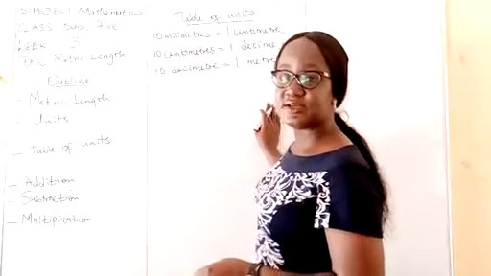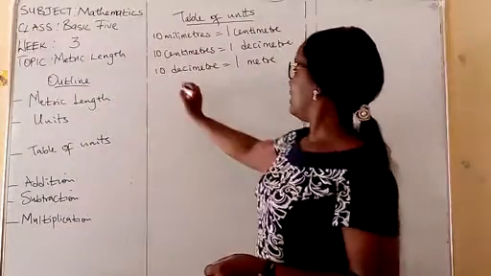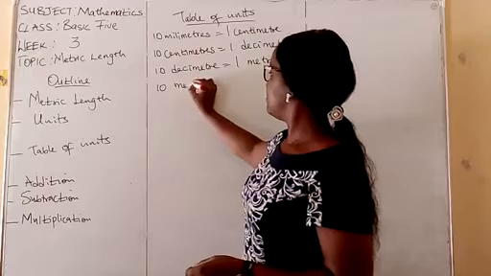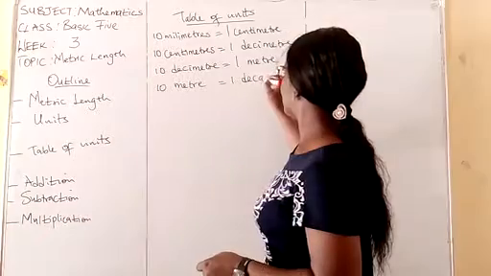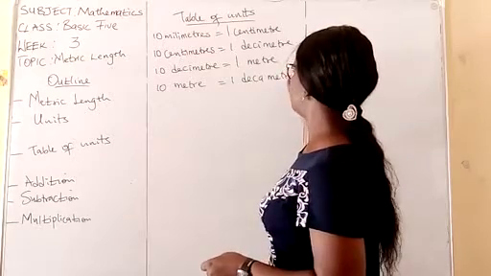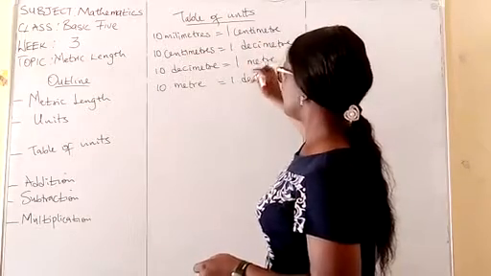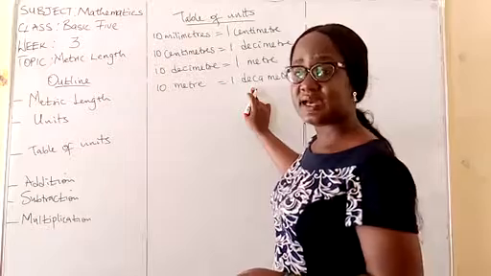It doesn't end there. We still have more. Like 10 meters will give us what we call 1 decameter. I want you to observe the difference between deci and deca.